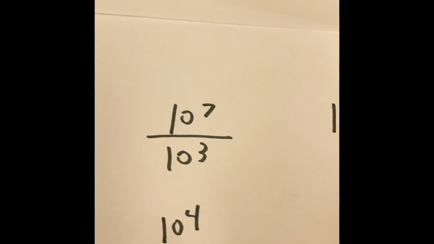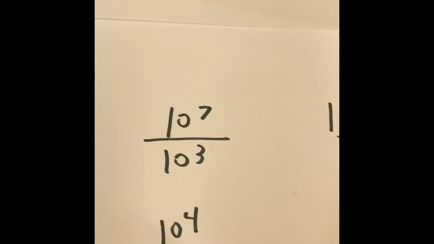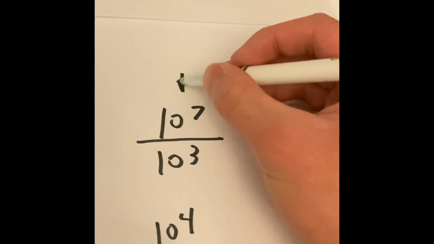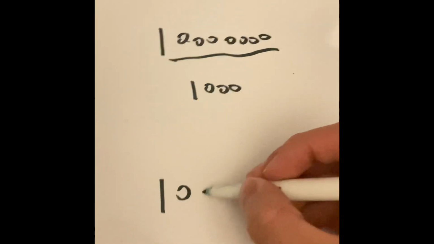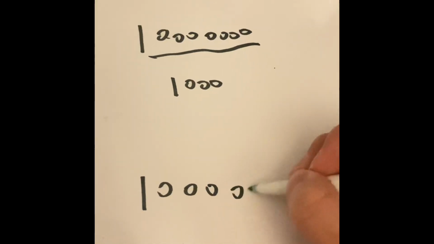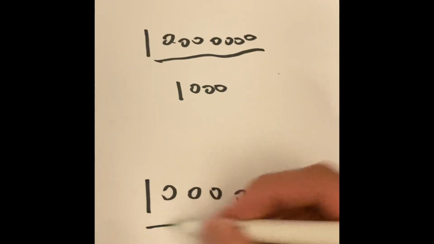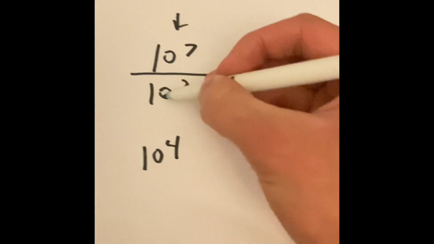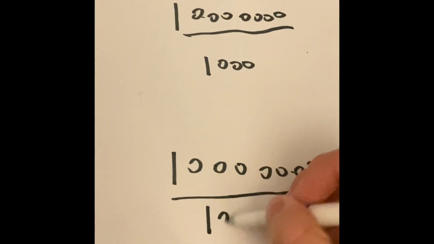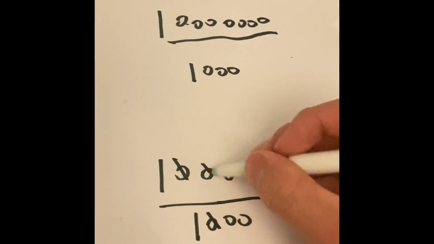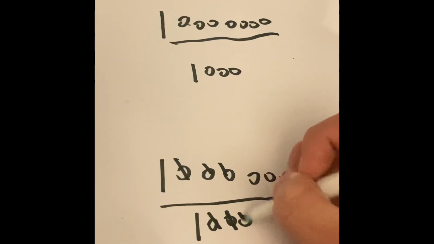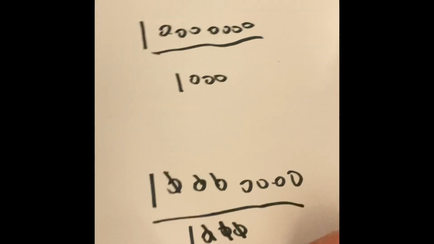But how can we visualize that? We will write it in its expanded form. We write 7 zeros, 1, 2, 3, 4, 5, 6, 7, divided by 3 zeros, 1, 2, 3. And when we cancel the zeros out, this one's now just 1.